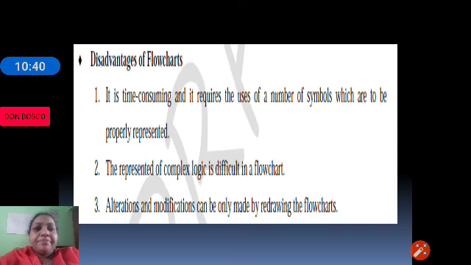So you can see, every coin has two faces. Like that, if there are advantages, definitely there will be disadvantages. So let us see what are the different disadvantages of flowcharts.